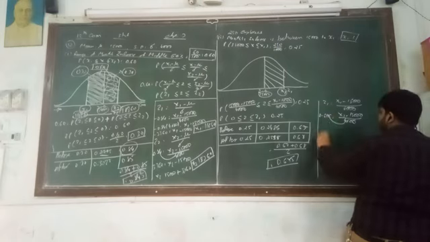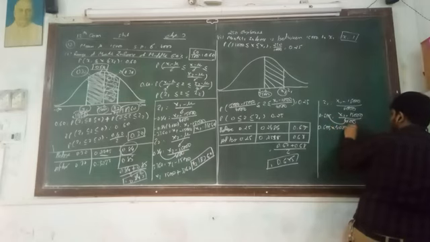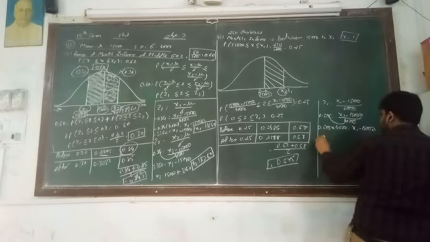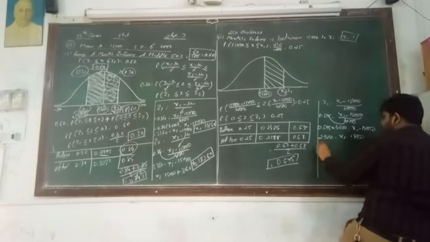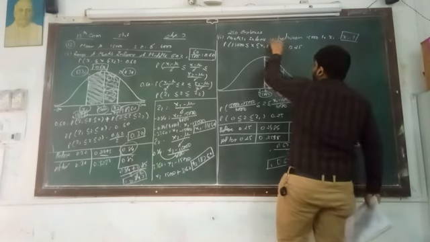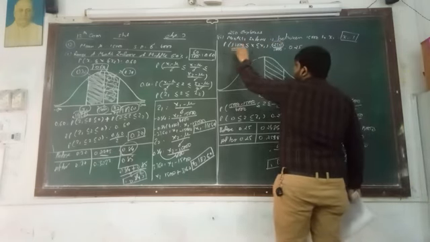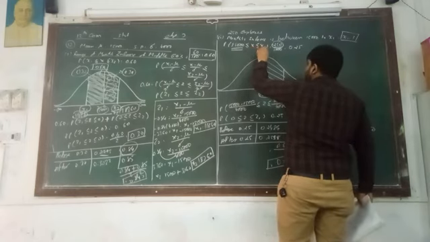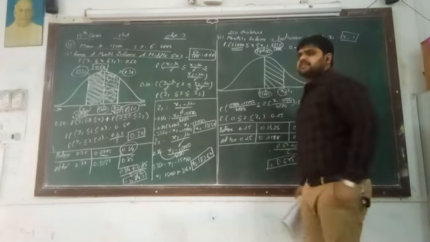Again 4,000 comes into multiplication. 0.675 multiplied by 4,000 is equal to x1 minus 15,000. So 0.675 into 4,000 is 2,700. So x1 is equal to 15,000 plus 2,700, that is 17,700. So we can say that the 250 employees' salary is between 15,000 and 17,700. So this is your answer.